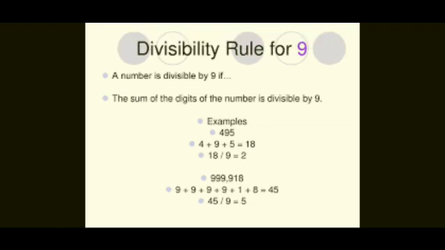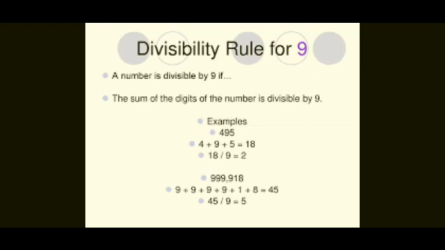When you are dividing 18 by 9, surely you won't get the remainder. Remainder will be 0 because 2 will be the quotient. So 495, when you are adding the digits, you are getting 18. 18 is divisible by 9. So the whole number 495 is divisible by 9.